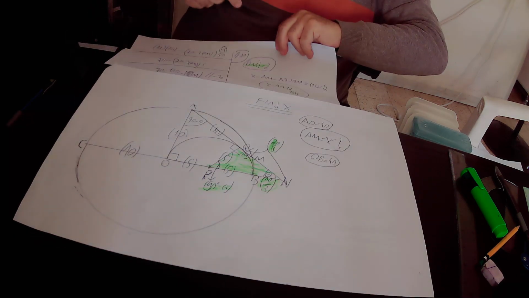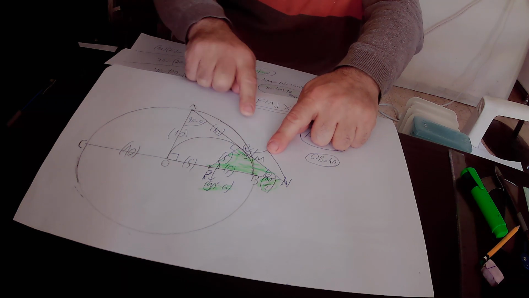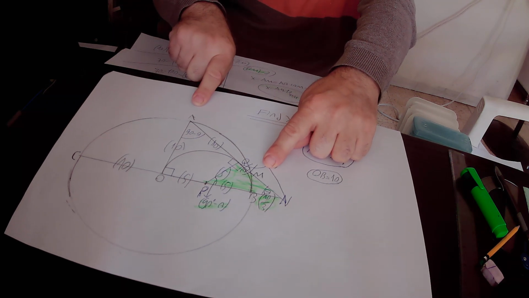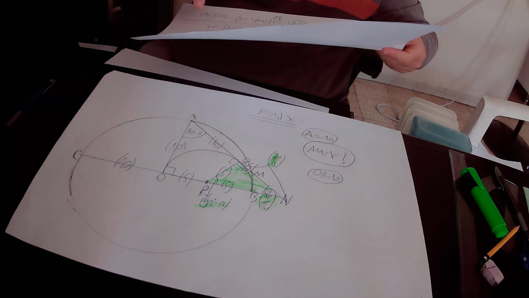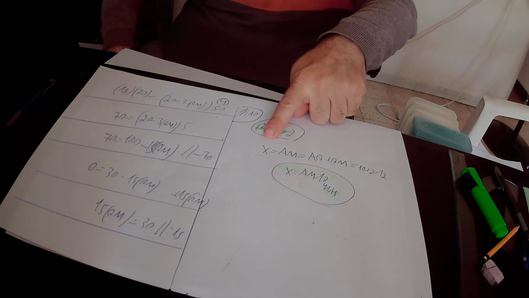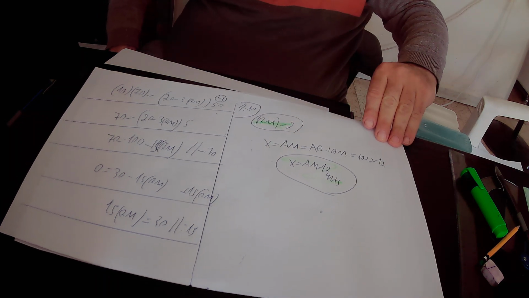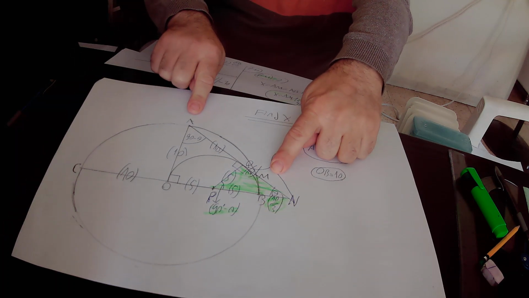So the length of QM is 2 units. Our mission is to find the length of AM, that is equal to x according to what is given in the problem. From the drawing itself, it is very easy to see that AM in total equals AQ plus QM.